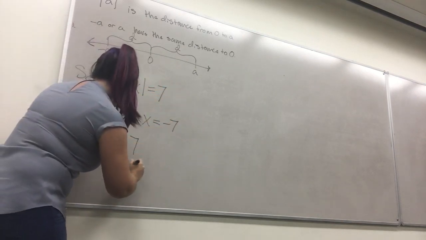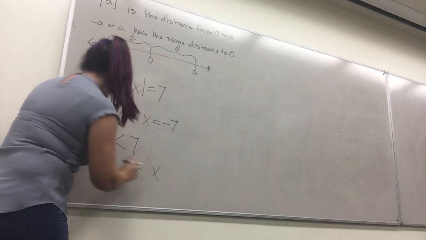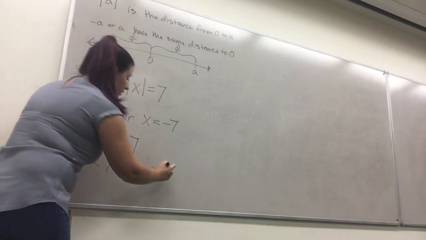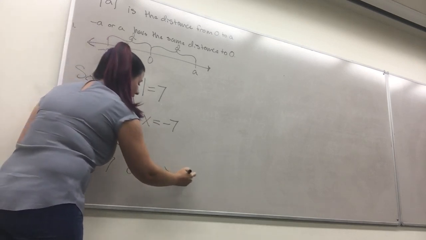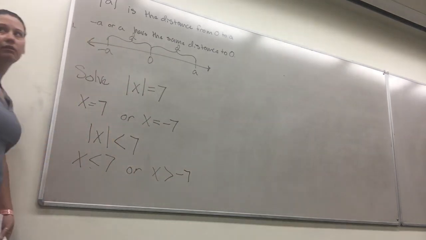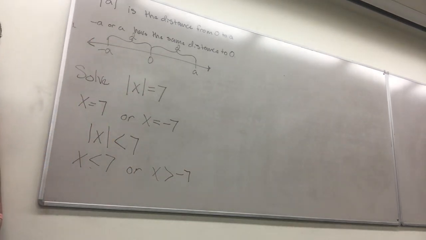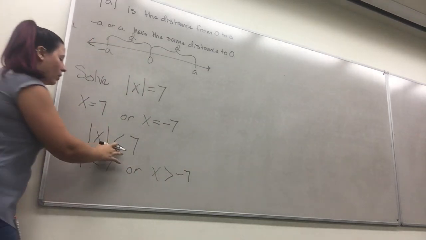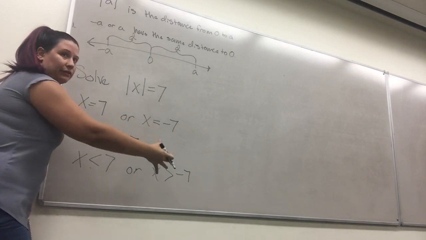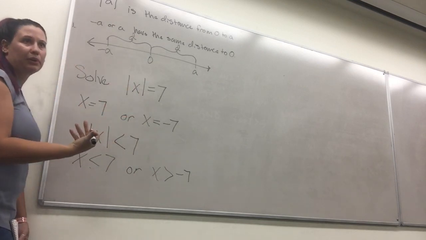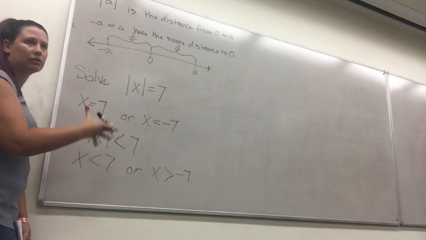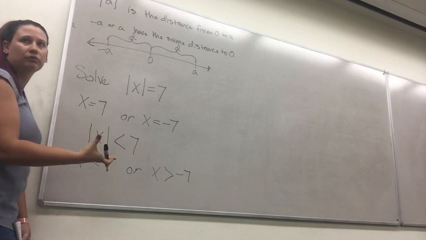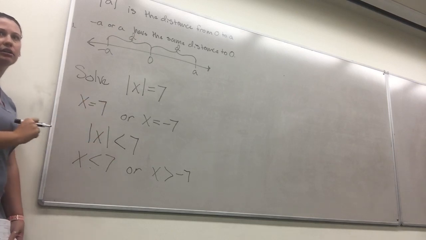So we have to say or x and flip the sign, so greater than negative 7. Okay? So when we have an inequality and we're doing the negative, just remember to flip. That's the big point there on that one. Any questions so far?